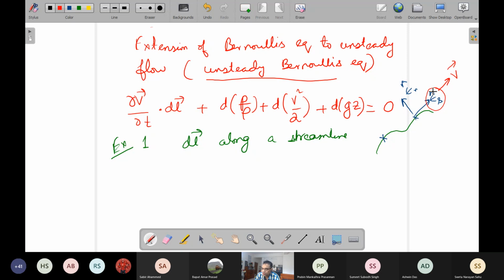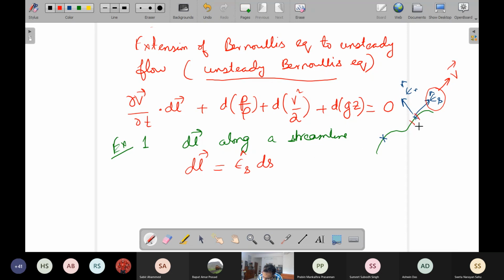I'm sure none of you have ever thought of the utility of streamline in this way, but this is the reality. In terms of problem solving, it converts an arbitrary 3-dimensional problem into a local 1-dimensional or unidirectional situation so far as the velocity is concerned. So in that way, you can write this dl as the unit vector in that direction times ds.